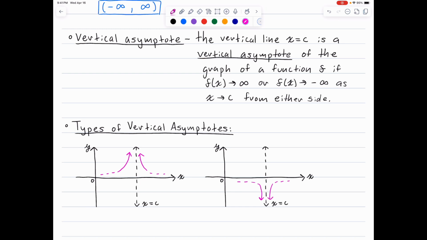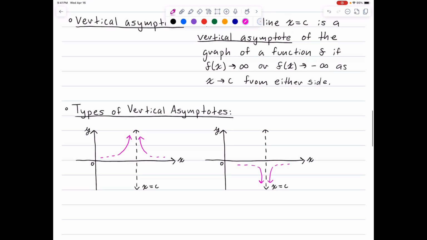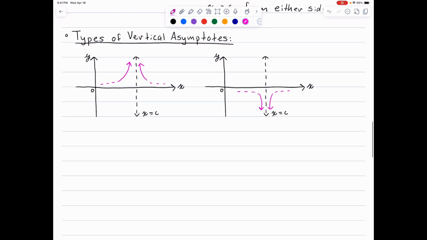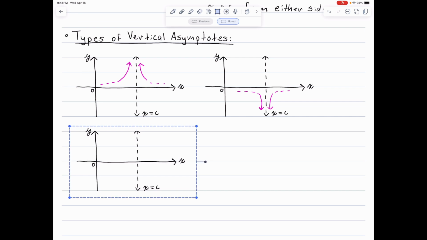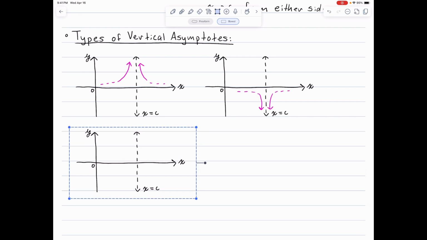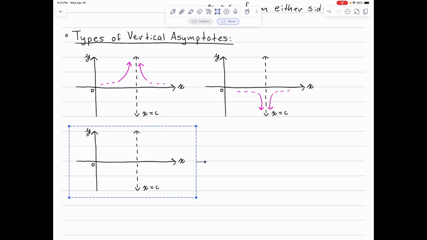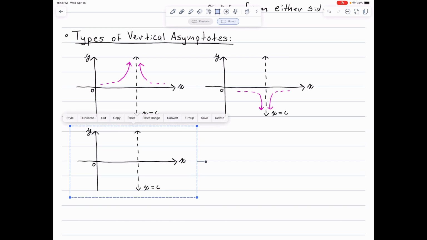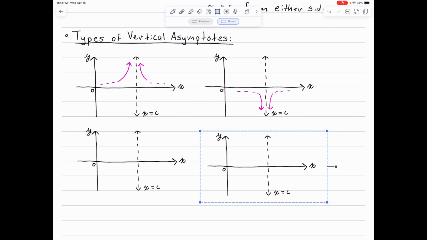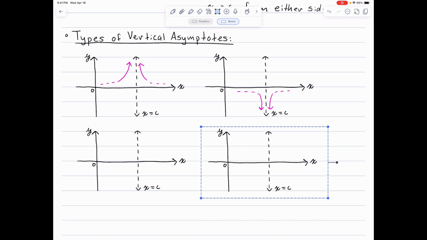So you can see the graph is just going up, approaching it, but not ever crossing. And then there's 2 more, so I'm just going to get those ready. Again, if you need to pause the video to draw them yourself, feel free to do so.